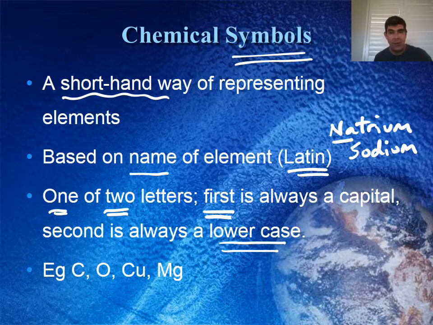And there are some very important reasons why we need to follow this convention, for one reason more than any other, in that it helps us to avoid any ambiguities. So you can see the symbol for carbon is capital C. The symbol for oxygen is capital O. The symbol for copper or cuprum is capital C small u. And the symbol for magnesium is capital M small g.